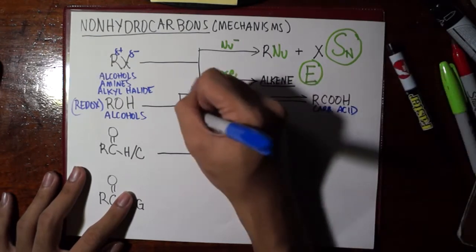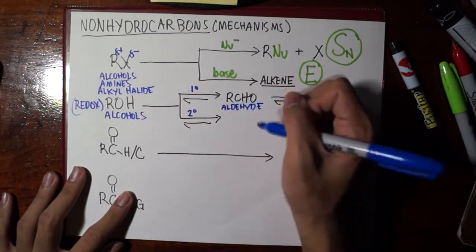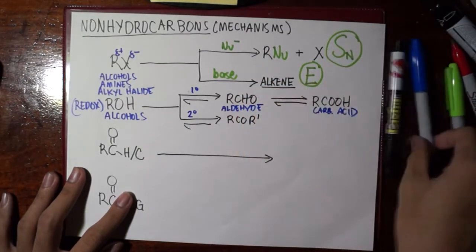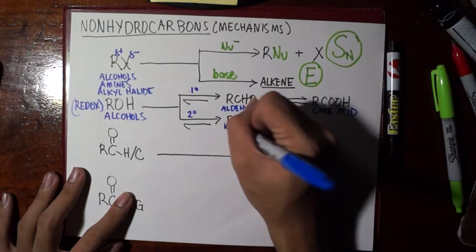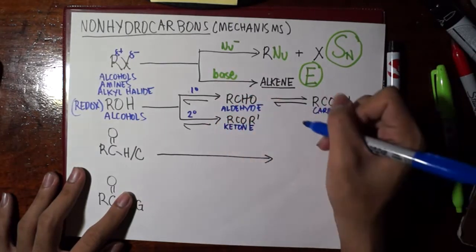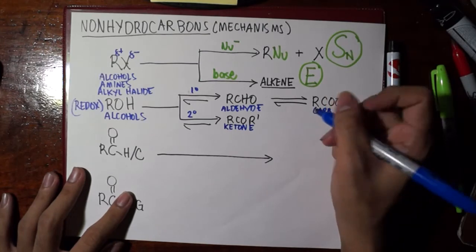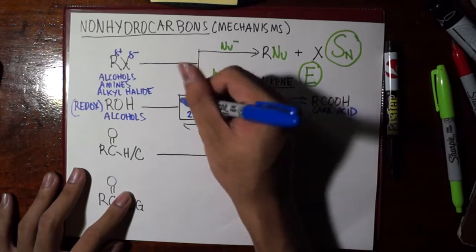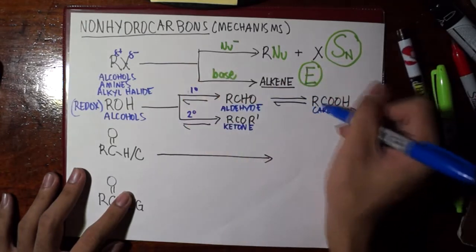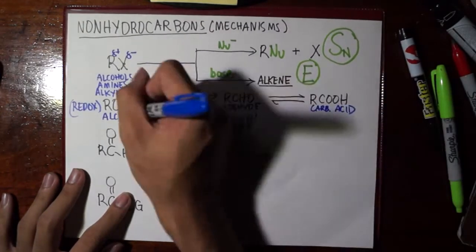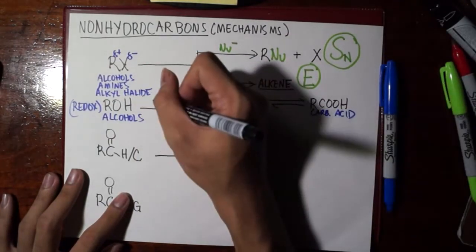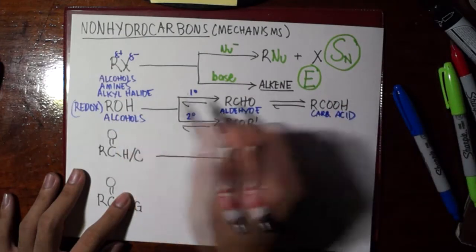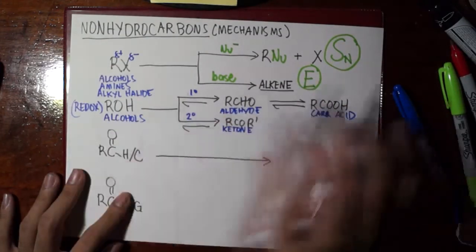If you have a secondary alcohol instead and you oxidize it, you will come up with a ketone. Since ketones do not have any more oxidizable hydrogens, they cannot be further oxidized. But we have arrows here indicating that you could reduce all of this back to alcohols. So that's for redox reactions among alcohols, aldehydes, ketones, and carboxylic acids.